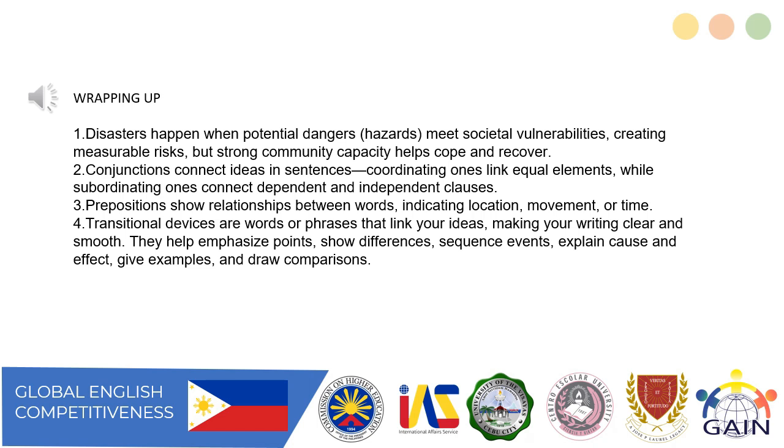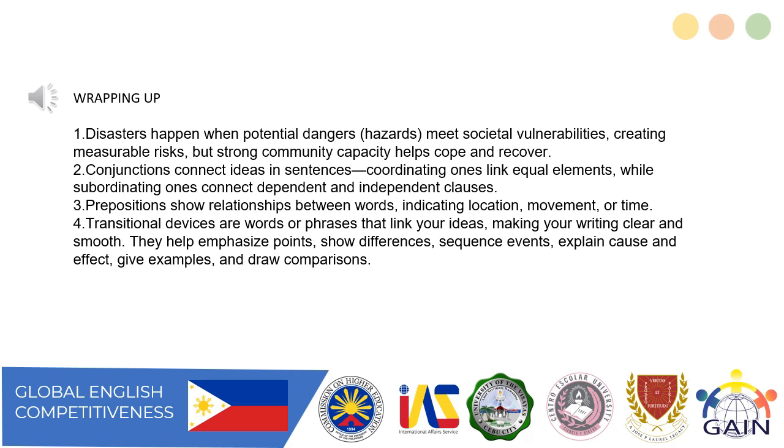Congratulations for finishing the first lesson of Module 8. Let us wrap up all of your learning experiences within this lesson. First, disasters happen when potential dangers, known as hazards, meet societal vulnerabilities, creating measurable risks, but strong community capacity helps cope and recover. Next, conjunctions connect ideas in sentences.